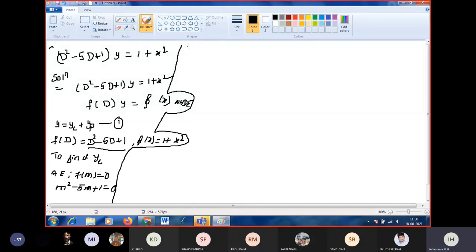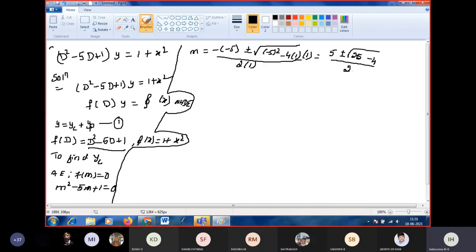So m is equal to minus b plus or minus square root of b square minus 4ac divided by 2a. Is it right, what I substituted for the values? Yes, ma'am. So 5 plus or minus root of 5 square, that is 25, minus 4, divided by 2.